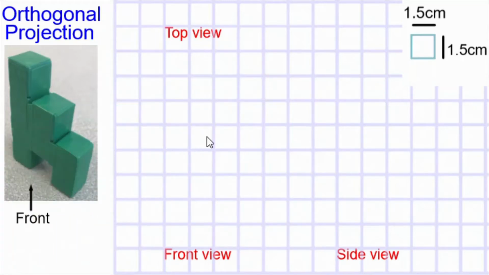So let's get started and draw our orthogonal projection in the standard format with top view, front view, and side view arranged like this. The top view is fairly simple because when you look at this object from the top, you see 3 squares that are adjacent to each other. So we can just use squares to represent that.